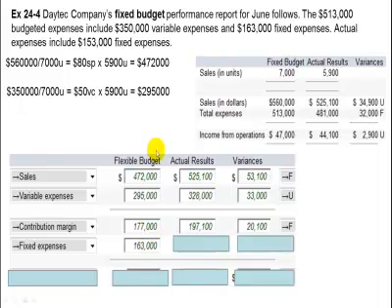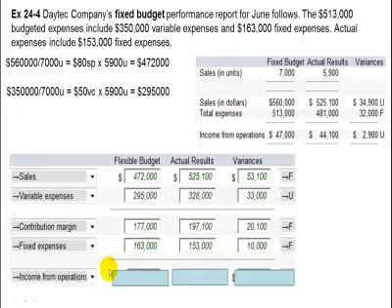So the flexible budget amount for fixed costs is 163. The actual fixed cost results were 153, and that was given to us up there. So it looks like we have a variance under fixed expenses of $10,000, and it's favorable because the fixed cost actual were lower than the budgeted amount.